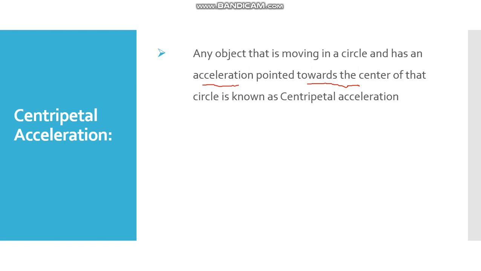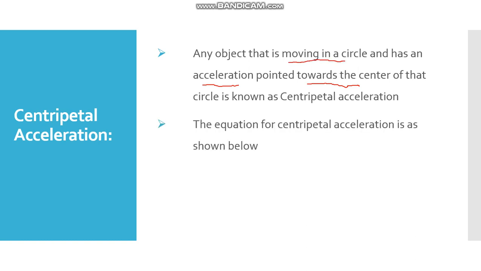The equation for centripetal acceleration is as shown below. The formula is ac equals v square upon r. Acceleration is represented by a, and the small c in the subscript shows that we are talking about centripetal acceleration, which is equal to v square upon r.